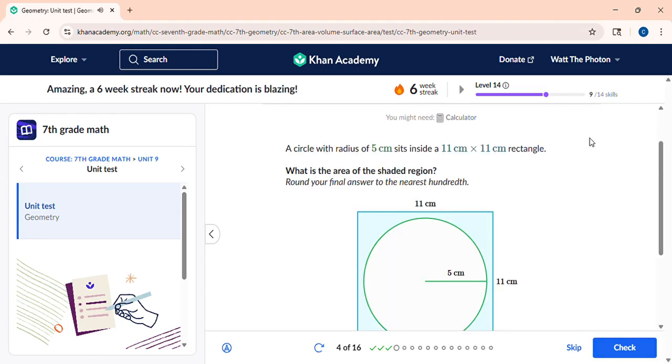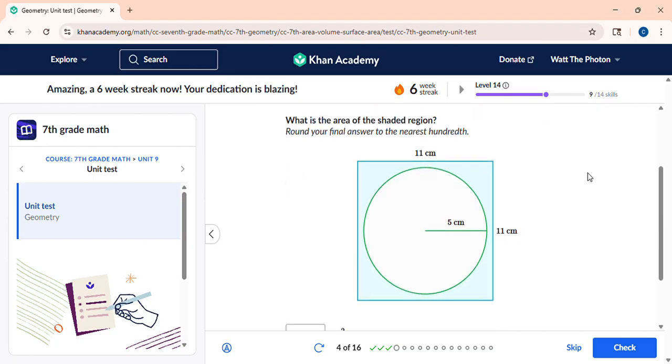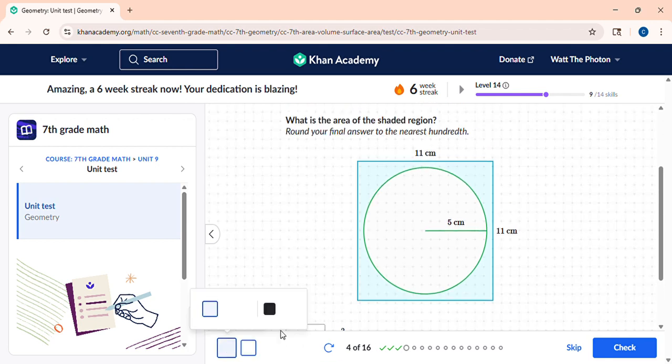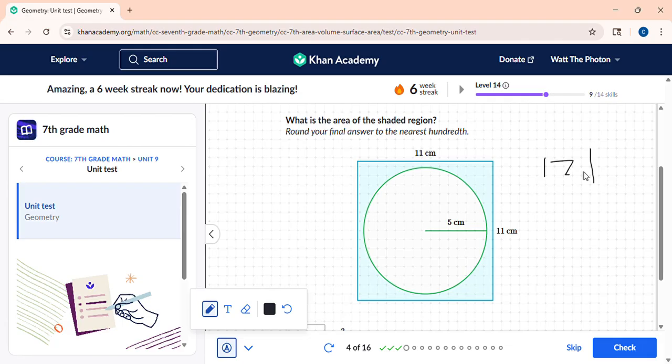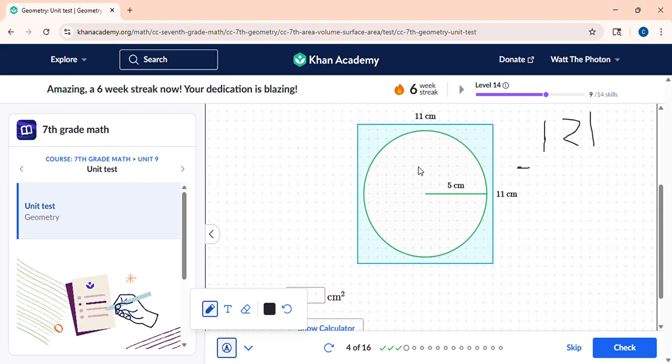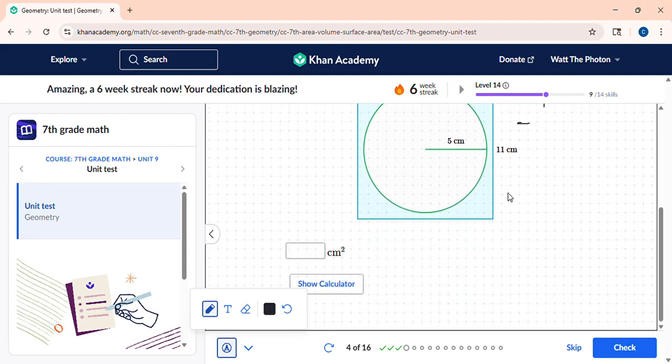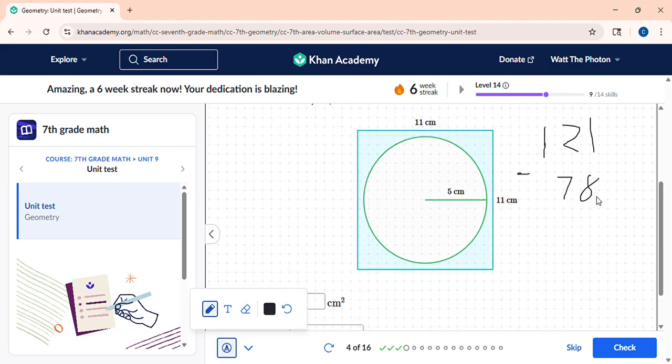A circle with a radius of 5 centimeters sits inside an 11 by 11 rectangle. What's the area of the shaded region? So 11 times 11 is 121. 11 squared, yeah. And then we're going to subtract the circle: 5 squared, so that's 25 pi, which is 78.54.